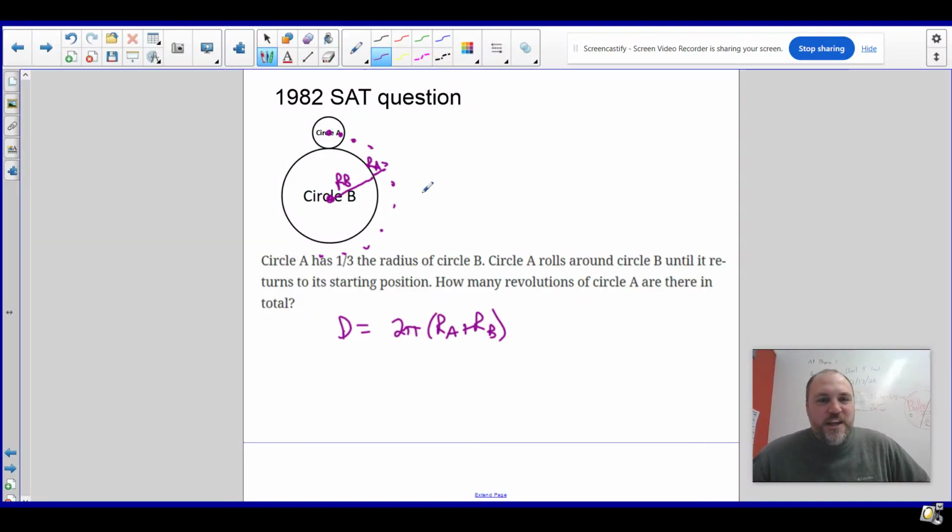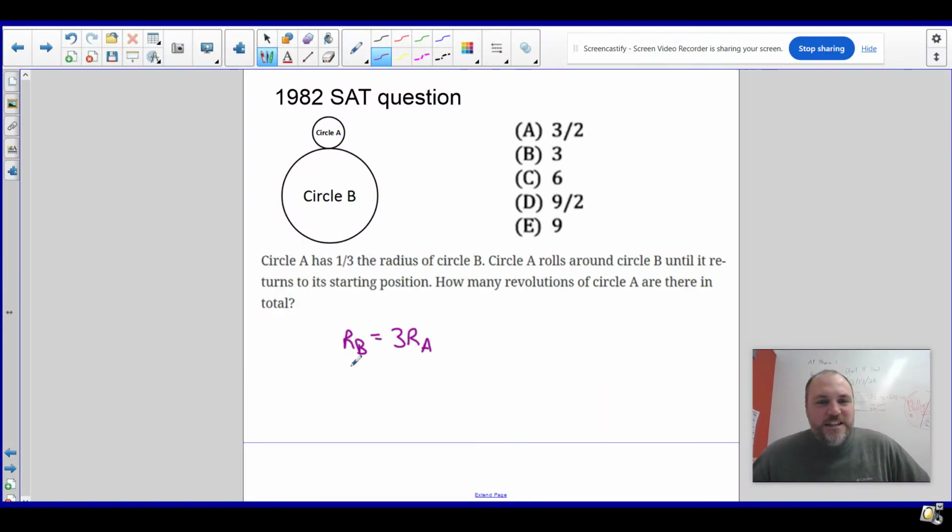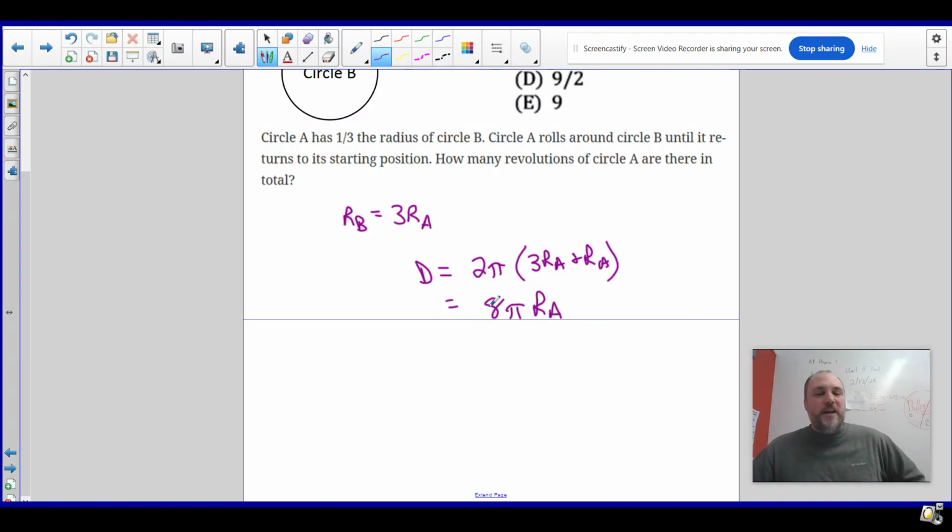And remember that we said that RB is 3 times RA. So the total distance traveled by the center of mass is 2 pi times 3 RA plus RA, so that's, again, just the radius of B plus the radius of A. That's 3 plus 1 is 4, times 2 is 8. That's 8 pi RA. So the total distance traveled is 8 pi RA.